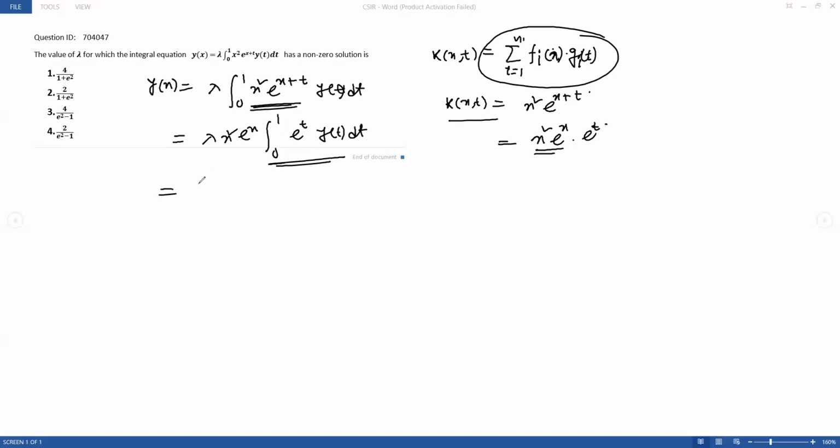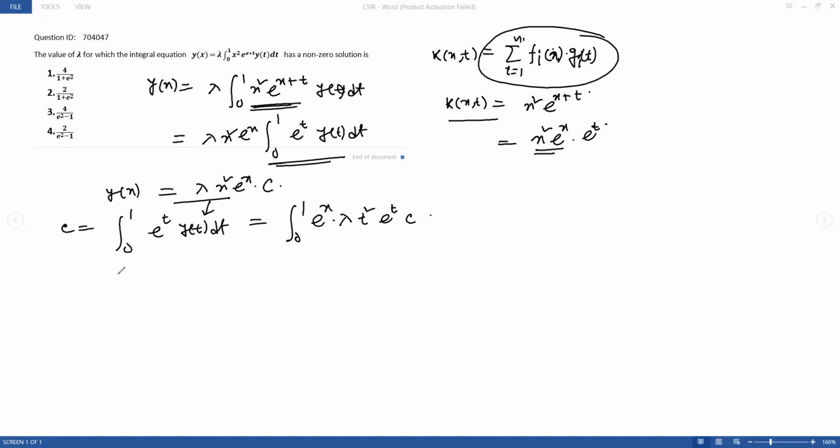So y(x) equals lambda x square e to the power x into c, where c equals integral 0 to 1 e to the power t y(t) dt. Now, what is y(t)? Our y is c lambda x square e to the power x. So we can put the value of y(x) here, then integrate 0 to 1 e to the power t. y(t) means lambda t square e to the power t into c.